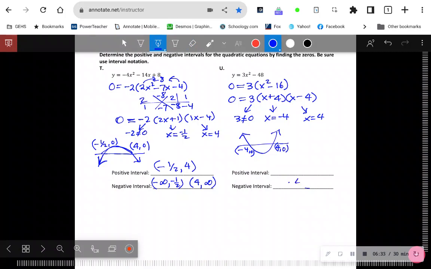So from negative 4 to 4 is a negative interval. And then over here you have a positive interval that goes from forever to the left to negative 4. And then you pick up on the other side starting at 4 and going forever to the right. And those are your positive and negative intervals for that problem.